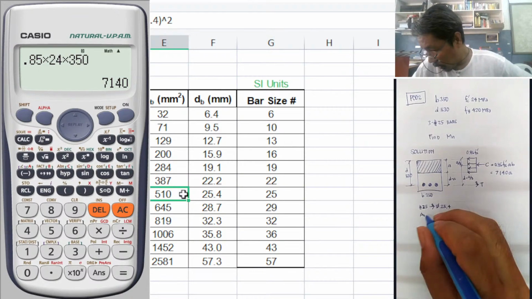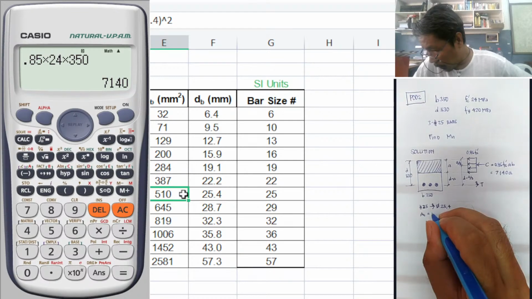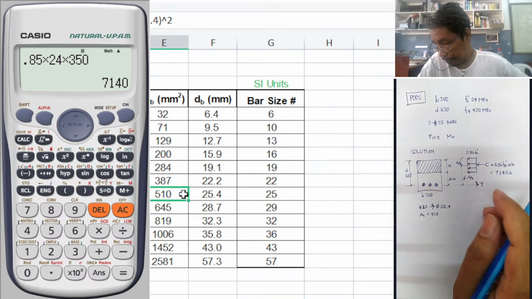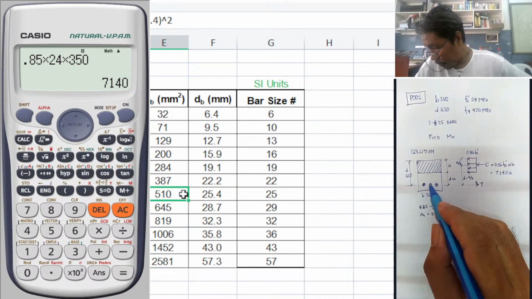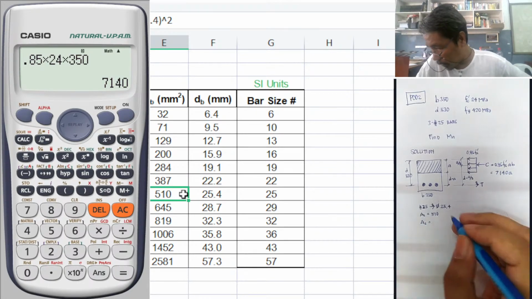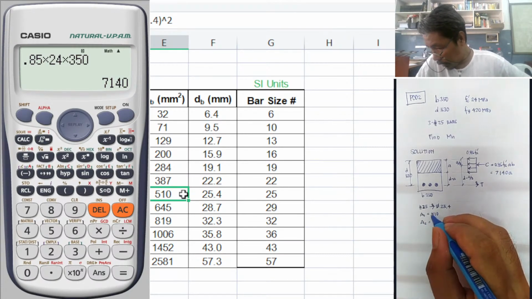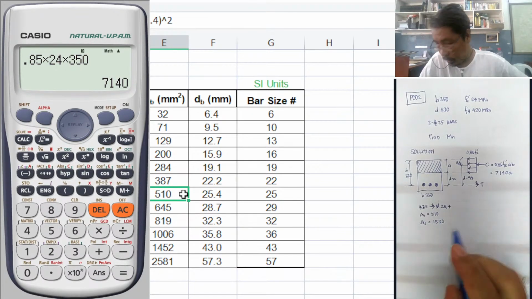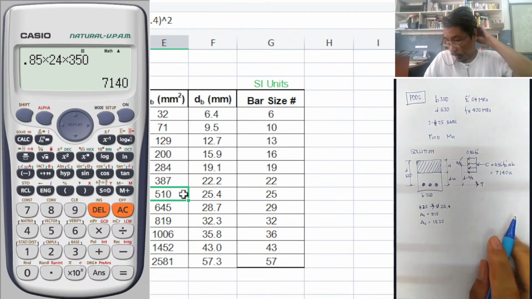So we have equal to 510. That is the area. And there are 3 of them. So therefore, the total area of steel reinforcement is times 3. So 3 times 5, that is 15. 3 times 10, that is 30. So this is the total area steel.